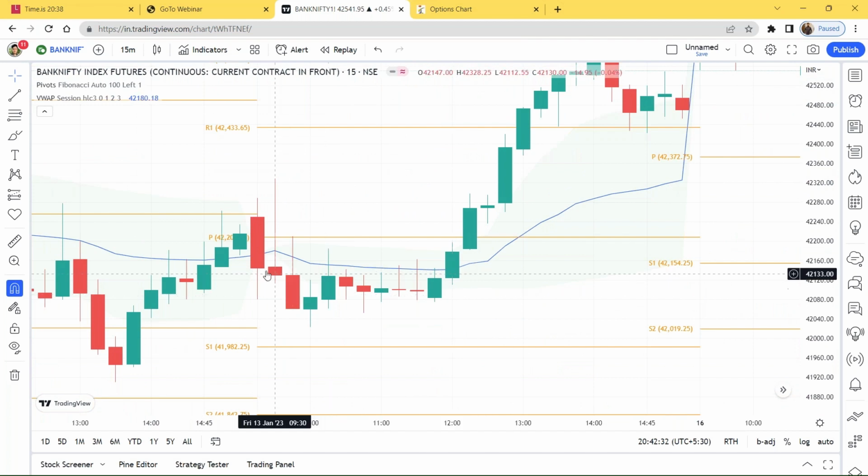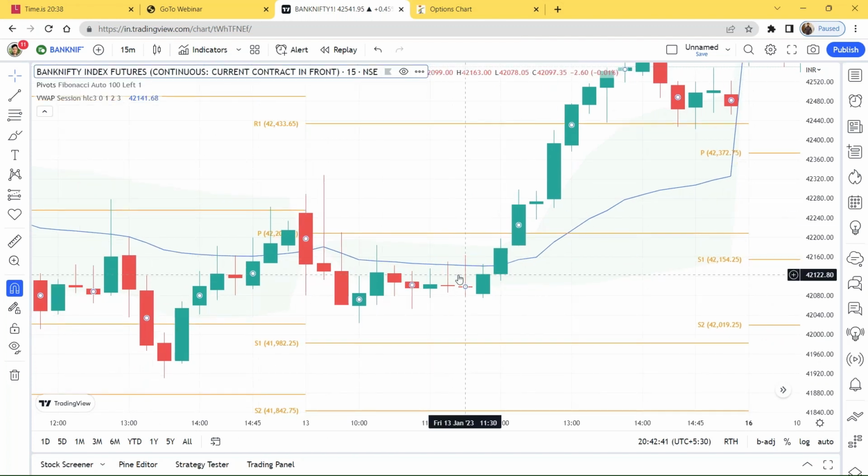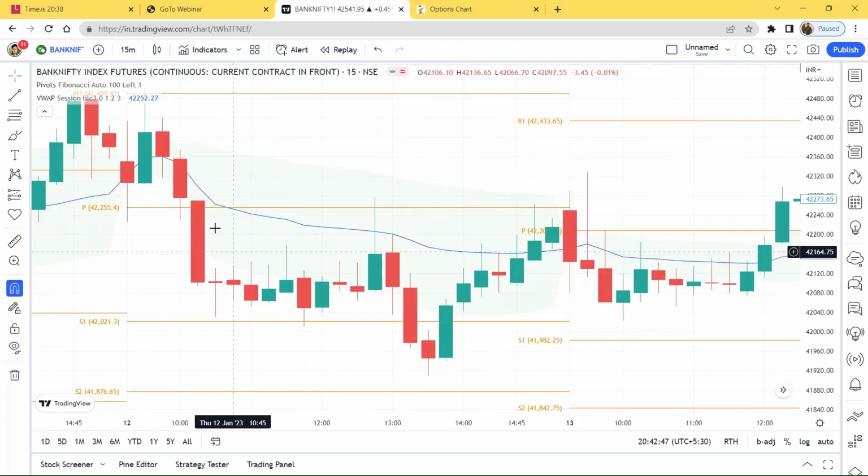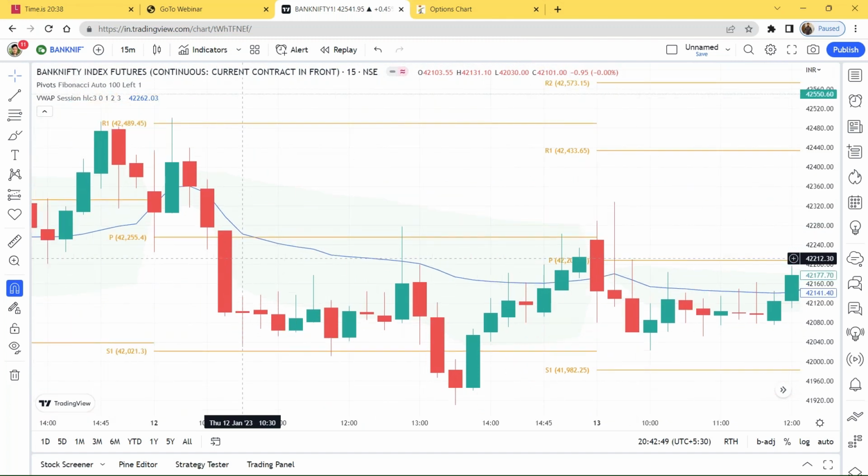You don't have to focus on each and everything: what are the parameters of markets, what are the technical things, what are the news. Again, 13th January, no trade. 12th January, no trade. Now, let me tell you why we are not getting many trades in January, because as you must be knowing, January and December were sideways movement.